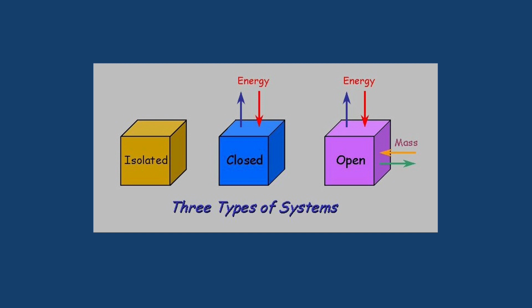In a closed system, no materials can get into or out of the system, and yet energy can flow into and out of the system. So the planet Earth is kind of like a closed system because, in broad sweeping terms, nothing gets into the Earth from deep space, nothing gets out of the Earth into deep space, but we do receive light and heat from the sun, and we do emit our own radiant heat outwards into the universe.